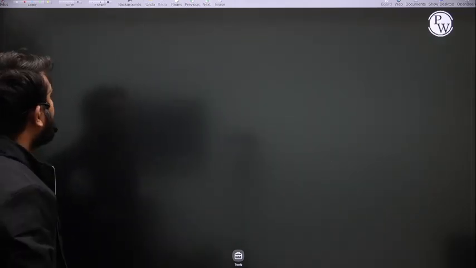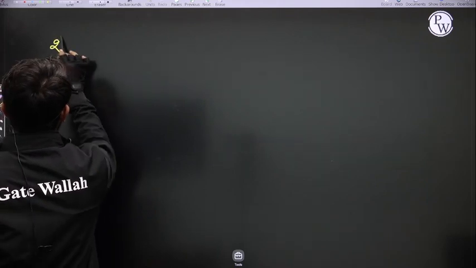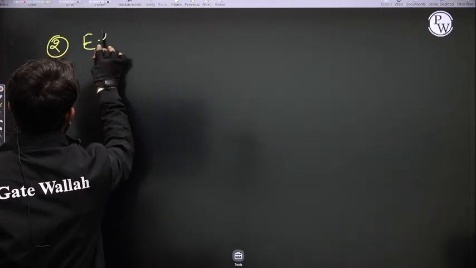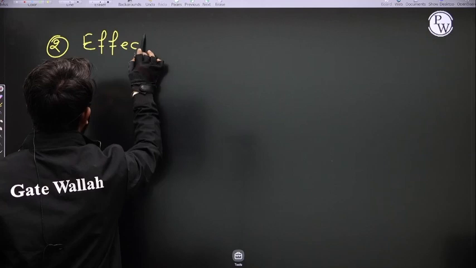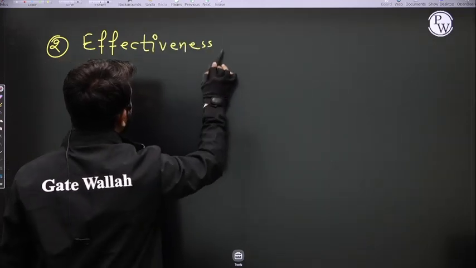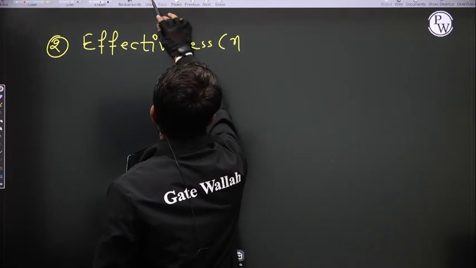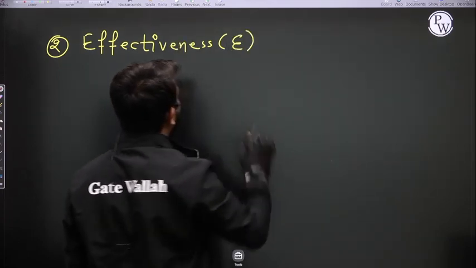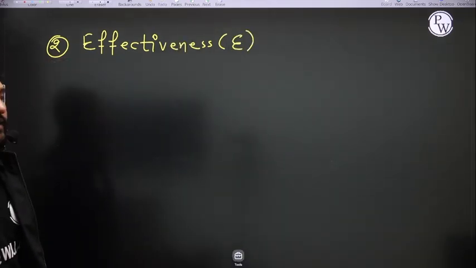Now come to the second fin performance parameter, which is effectiveness, denoted by epsilon. So what is the effectiveness?